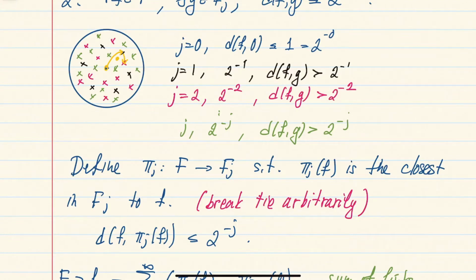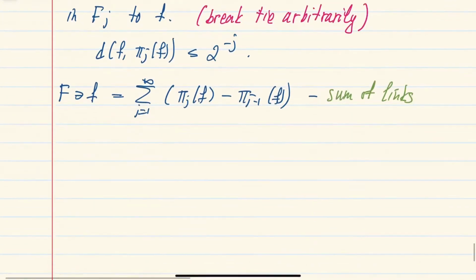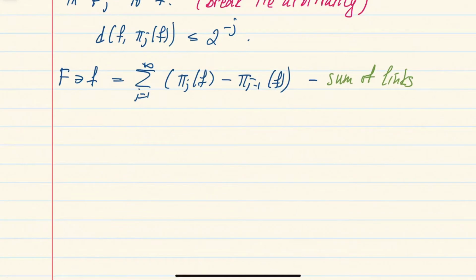And then you find the closest point on the next scale and you get the difference between two vectors, and so on. So this can be viewed as the links in this chain, which approximates your point f, arbitrary point f, closer and closer with each step. Okay, so the size of these links is getting smaller and smaller.